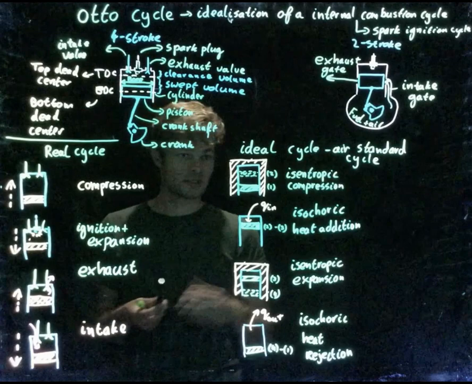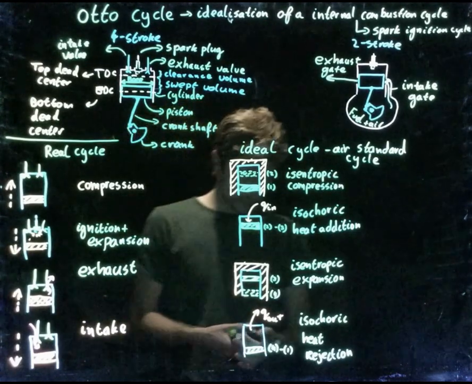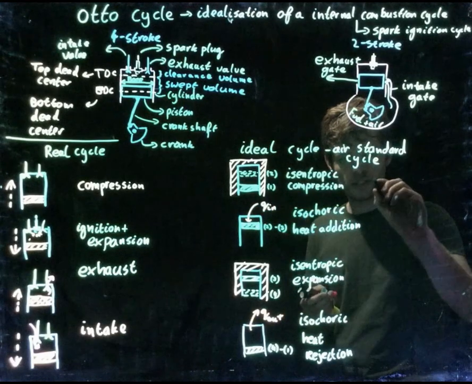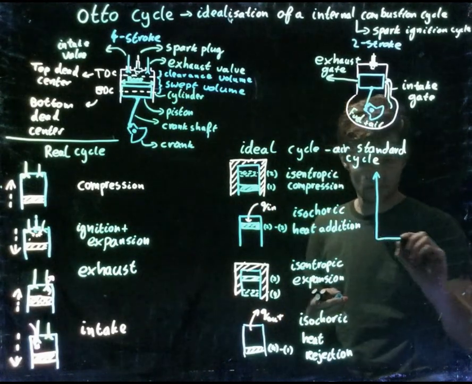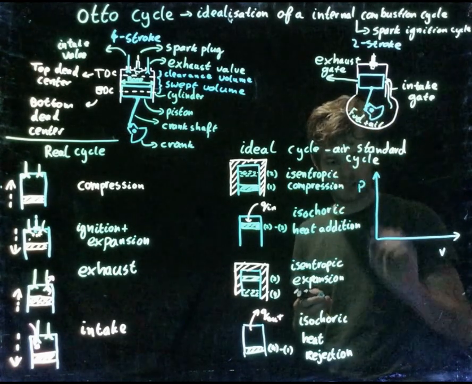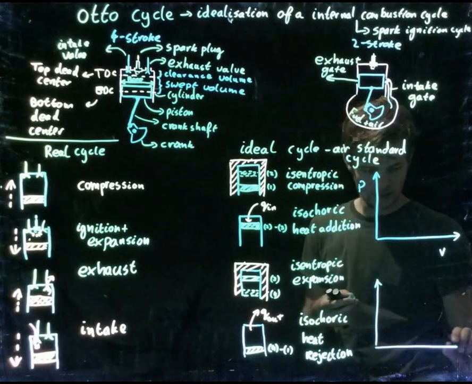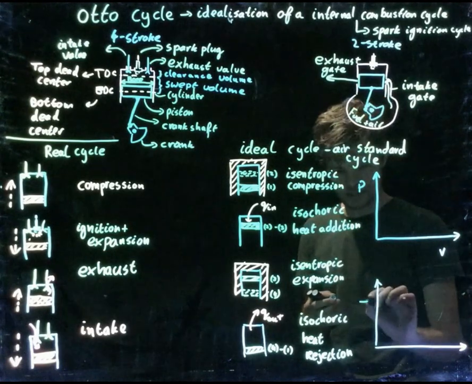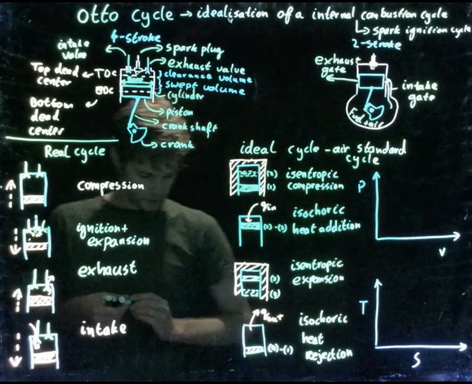So I'm going to make the TS and PV diagrams, starting with the PV diagram over here. Pressure, volume, and the TS diagram over there. It will help us to understand these principles a little better.